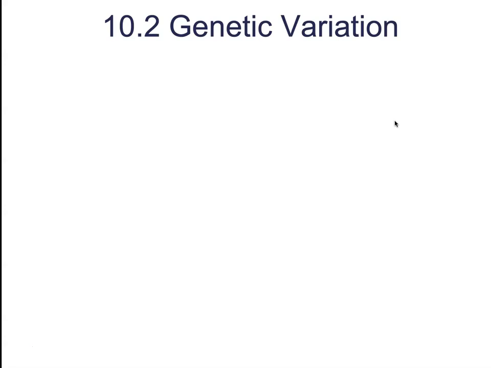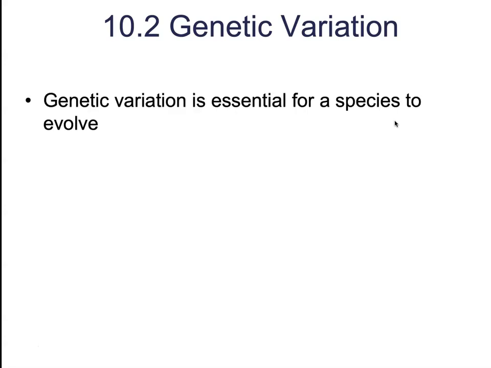If we have genetic variation in the population, if we have a population of trees where some produce smooth leaves, some produce hairy leaves, some are really tall, some are really short, the greater the variation in the population, the greater the chance that the population is going to survive when natural selection starts whittling down characteristics that are most beneficial to that particular environment. So genetic variation is huge and hugely important. It's absolutely essential for a species to be able to evolve and adapt in a constantly changing environment.